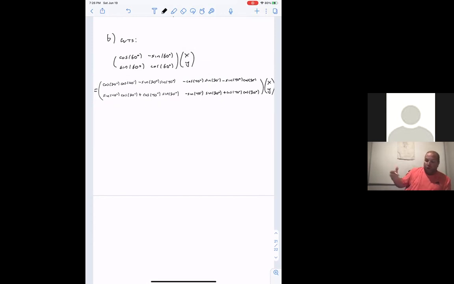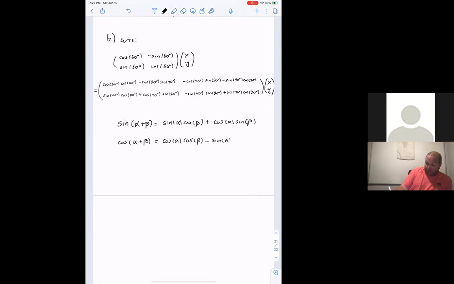Well, you have to just know your trig identities. There's only two that you need. Sine of alpha plus beta is equal to sine alpha cosine beta plus cosine alpha sine beta. And cosine of alpha plus beta is cosine alpha cosine beta minus sine alpha sine beta.